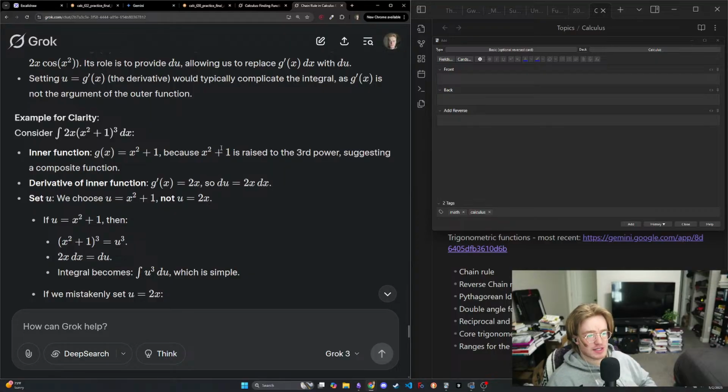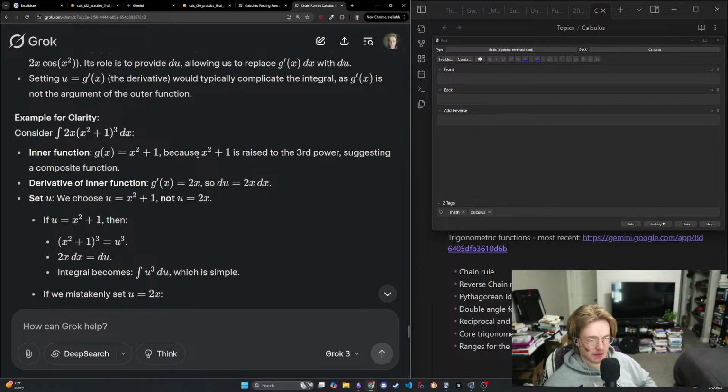Okay, so consider 2x multiplied by x squared plus 1 to the 3 dx. The inner function, x squared plus 1, suggests it's a composite function. The derivative of the inner function, g prime of x, equals 2x, so du equals 2x dx. Will you choose u to equal x squared plus 1?